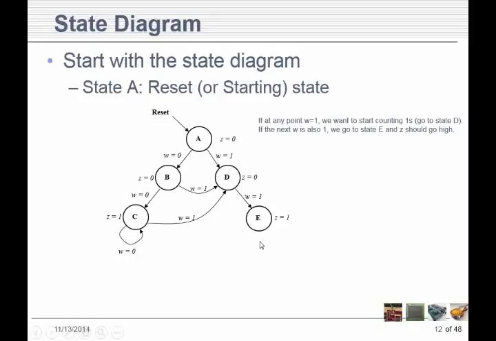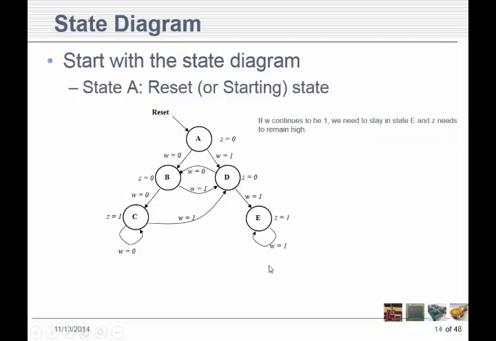we're in a new state, and Z is high again. We've got some other things to add in here, but at least we're taking care of that one. Then, if we're in D, and W's been high once, but now it's a 0, we need to go back to B. That's the case where there's been 1, 0.